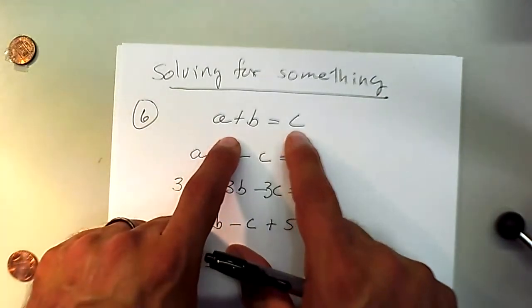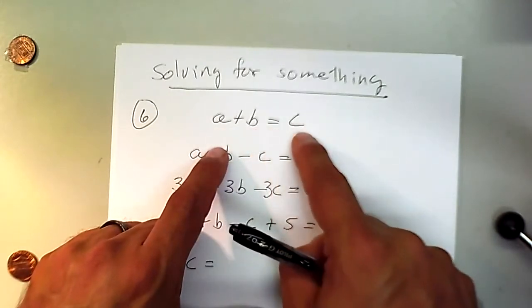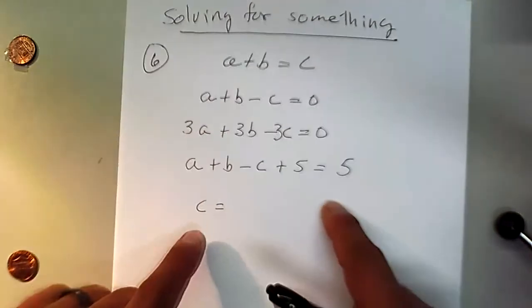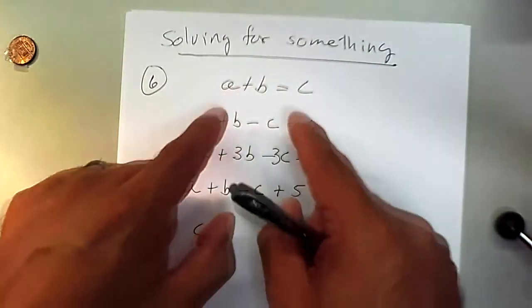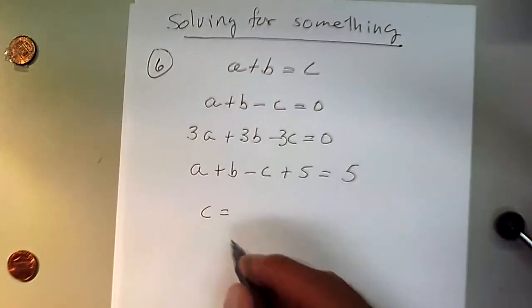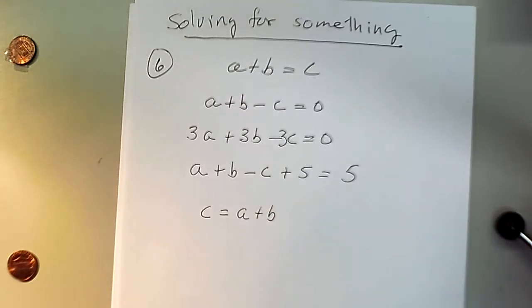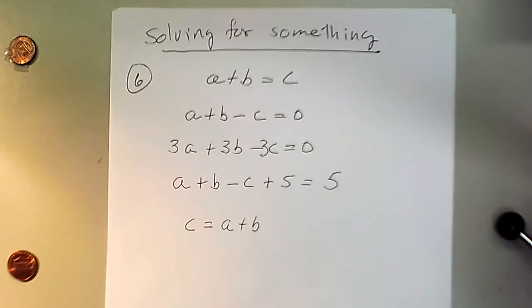The symmetric property says that if the left side is equal to the right side, then the right side is equal to the left side. In other words, we can just swap those two. Whenever you have an actual equation, we can always swap the two. So C equals A plus B, and that is called the symmetric property of equations, when we can swap the two sides completely.